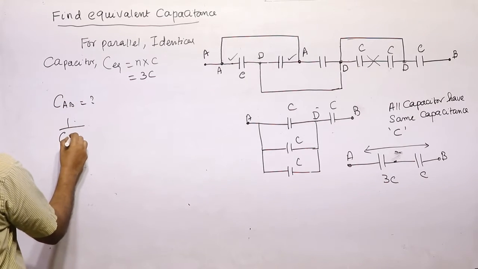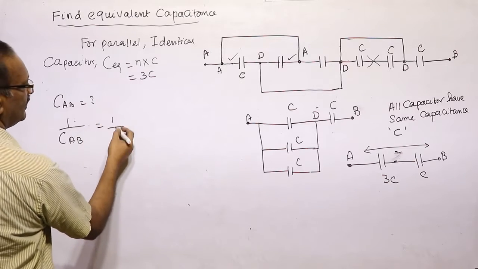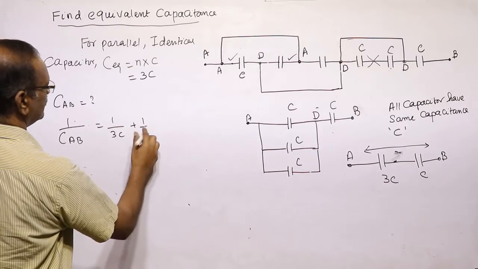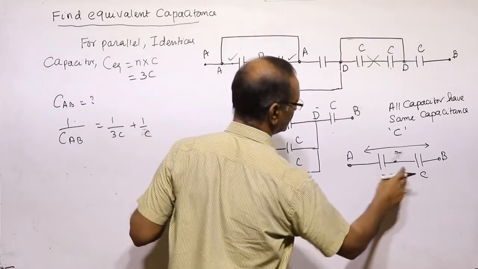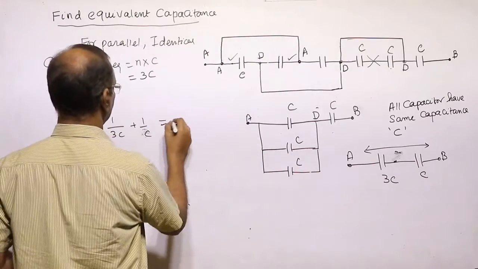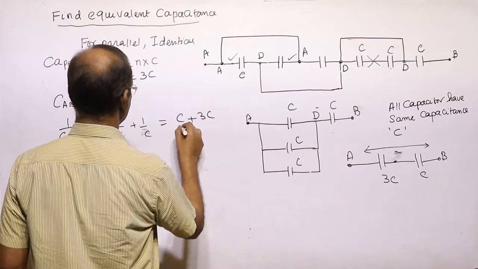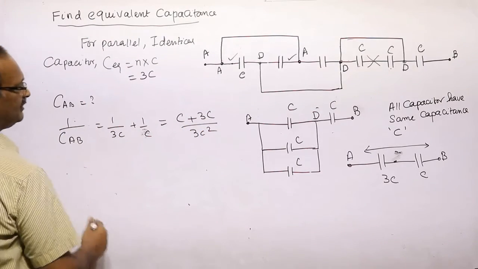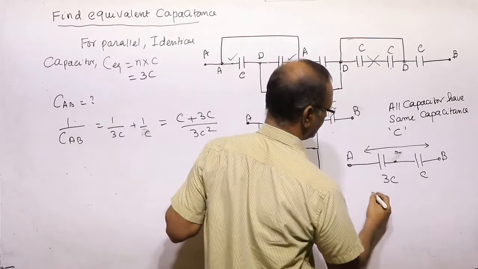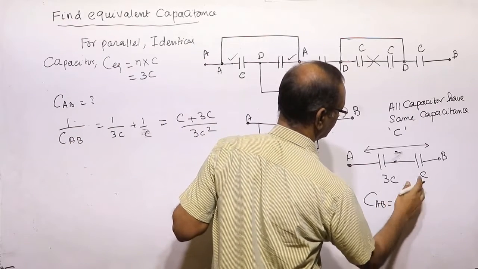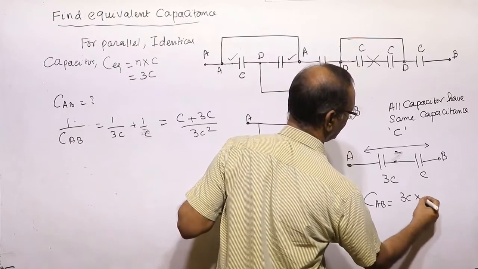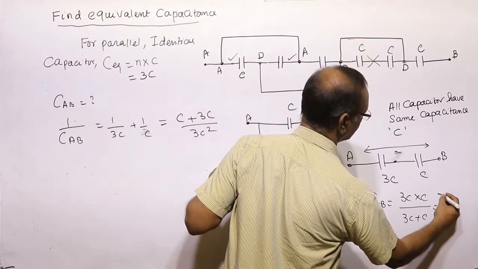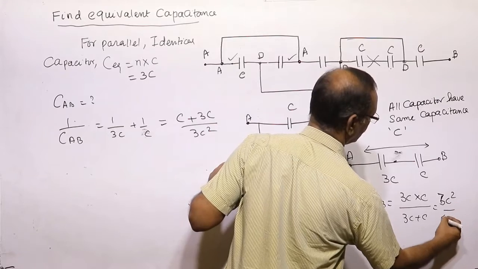If it is in series, the capacitance between A and B is: 1 by CAB is equal to 1 by 3C plus 1 by C. Straight away we can write CAB is equal to the product 3C into C divided by the sum 3C plus C, which is 3C square by 4C.